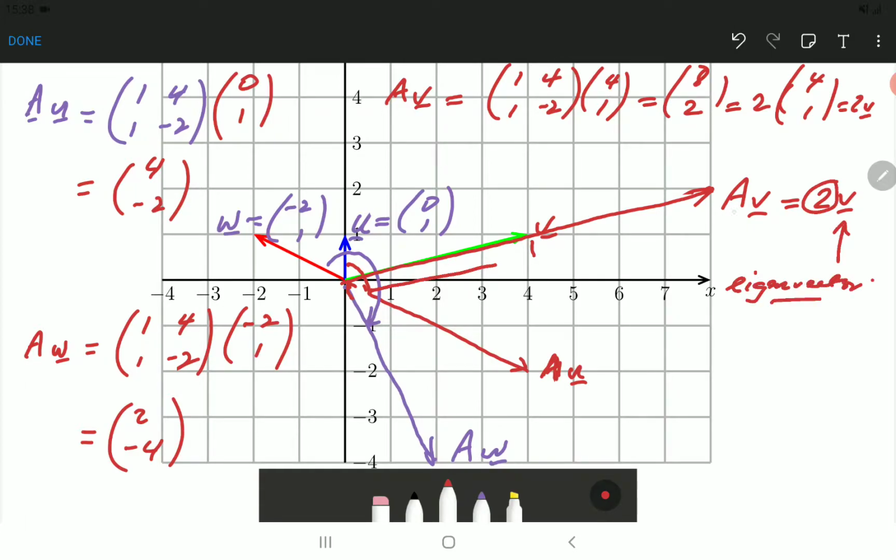So the effect of A on this vector is just to scale it. Either it becomes longer or shorter.